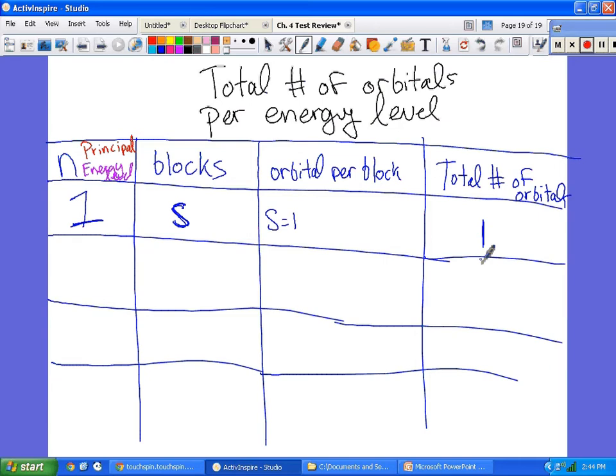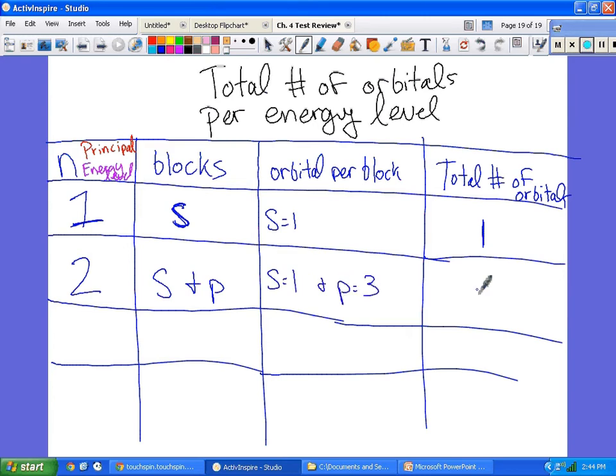When N equals 2, we have an S and a P. If you'll look at the very first worksheet we did on this, we covered this in a chart form. This chart is what I'm recreating. So the S always has 1 orbital, and the P always has 3, for a total of 4.